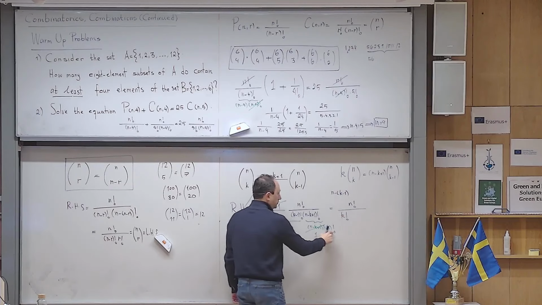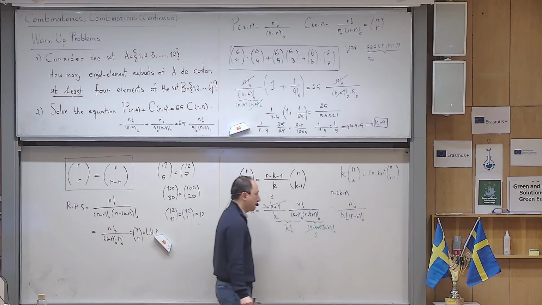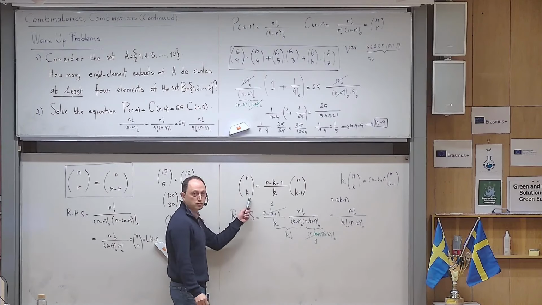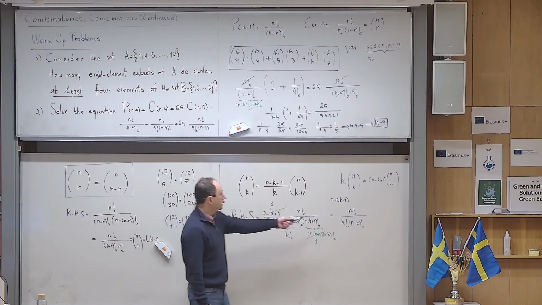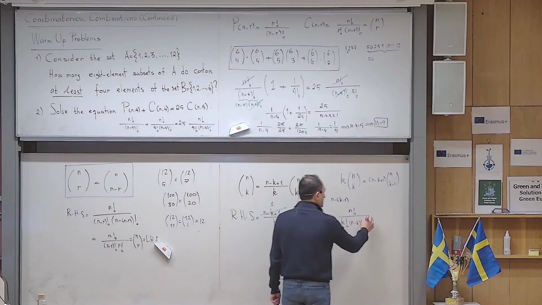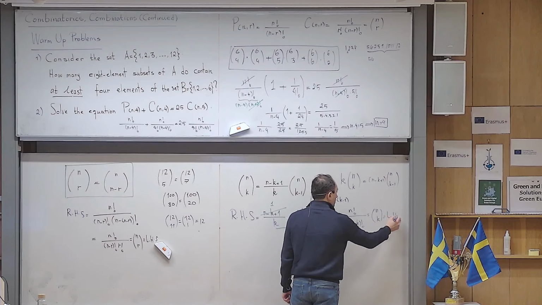And what is left for me here is n minus k factorial. Do you agree? Okay, but what is this one? That's exactly the formula for n choose k, because that is exactly the same formula you see up there, but r is replaced by k. So the answer becomes n choose k, and n choose k is equal to the left-hand side. That's one way.